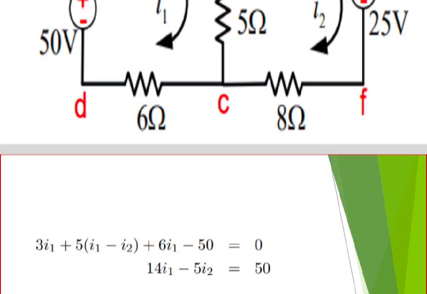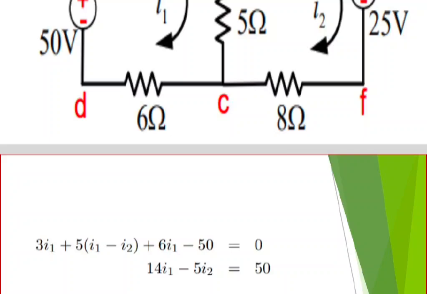In the 5 ohm resistor, two currents are flowing, both I1 and I2, so you write 5 into (I1 minus I2). Through the 6 ohm resistor only the current I1 is flowing, so you write 6 I1. The voltage across a voltage source is the value of the voltage source, so you write minus 50.